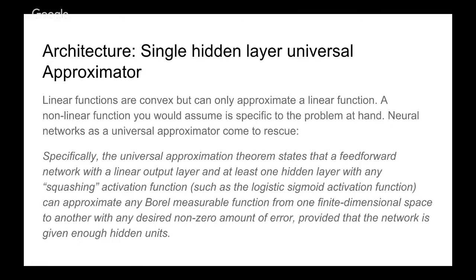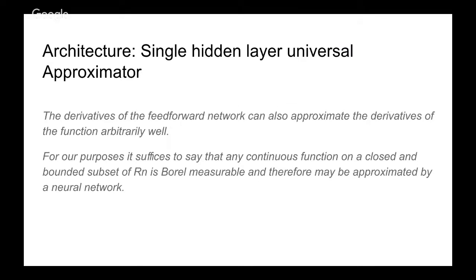So it says that a neural network can approximate any function. The book says Borel measurable function is outside its scope, but any continuous function on a closed and bounded subset of Rn, which is an n dimensional real vector space, is a Borel measurable function.